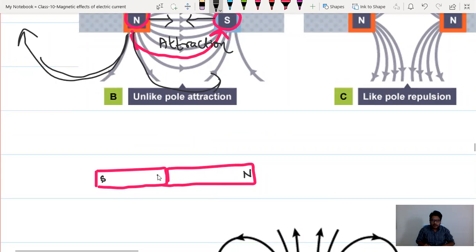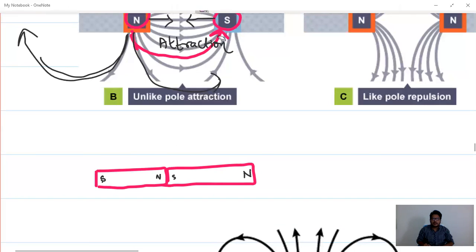Previously there was north here, south here, both north and south attracted. Now no magnetic line will flow from south to north directly inside, because distance is 0. If distance is 0, there is no flow, right? Then what will happen?